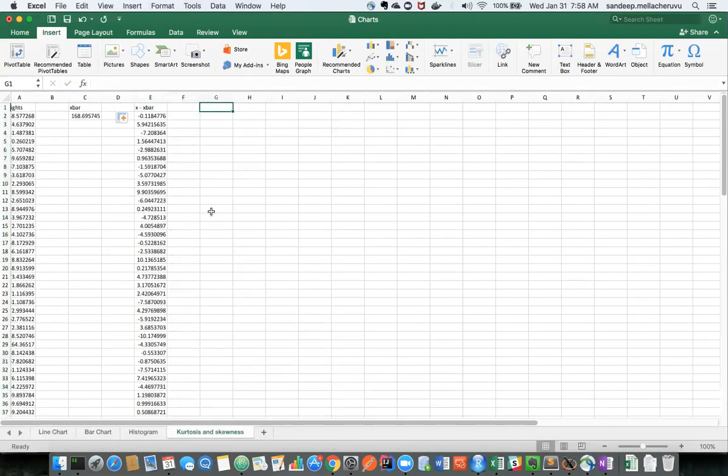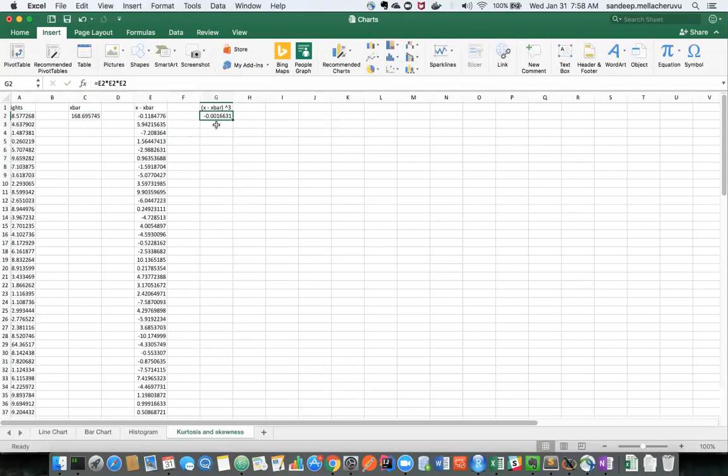Now the third central moment we need, right? So x minus x bar whole cube, power 3. Now how to do that? This one into the same one, multiplied.